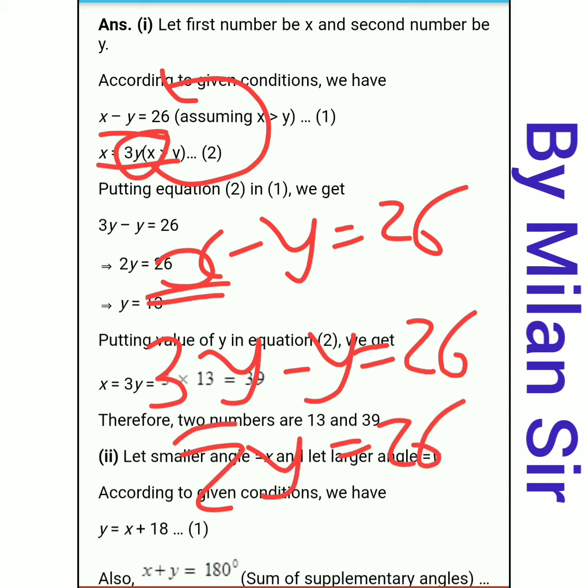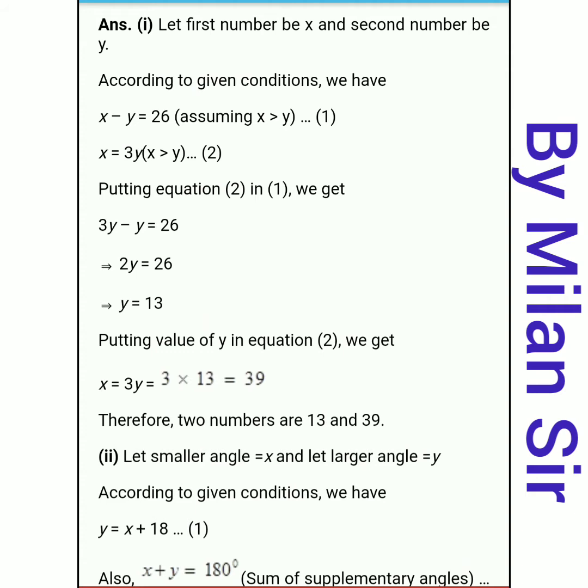Now transfer this 2 to the right hand side. It goes to the division, so 26 by 2. Y is equals to 26 by 2, so y is equals to 13.